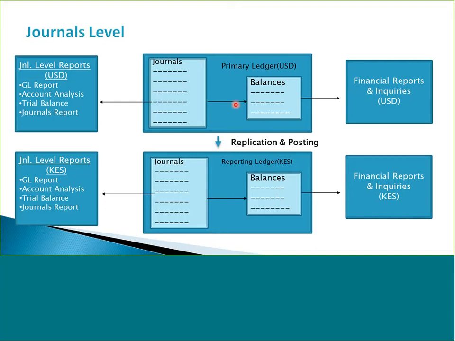Once we enter journals in our primary ledger in US dollars and we post them, the balances are updated, and then automatically the journals are replicated and converted into foreign currency amounts using exchange rates that have been provided by the user. The journals are posted here, and the balances are also updated in the foreign currency.